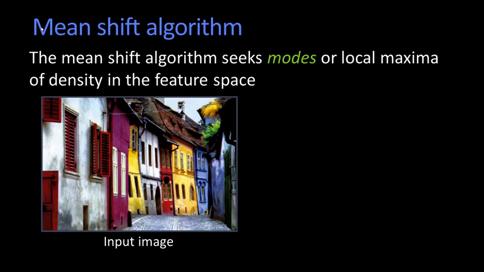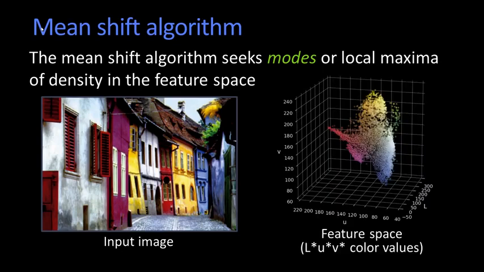in some feature space. So here, by the way, is this beautiful pastel image of houses as the input image. And what we have here on the right is the plotting of each of these pixels in the LUV color space. Remember LUV color? This is why we're doing this whole conversation after we talked about color, because if I told you LUV and you hadn't heard it, you'd think I was doing RGB.